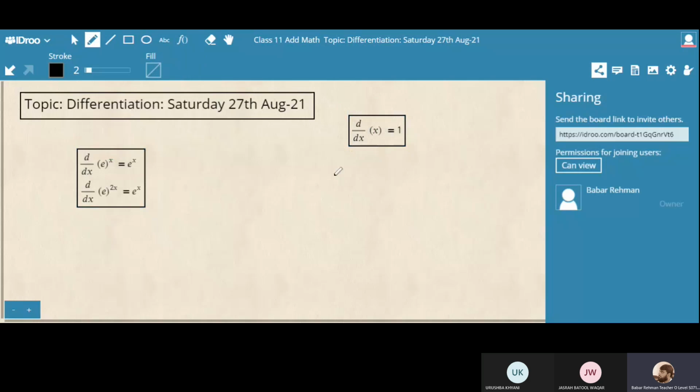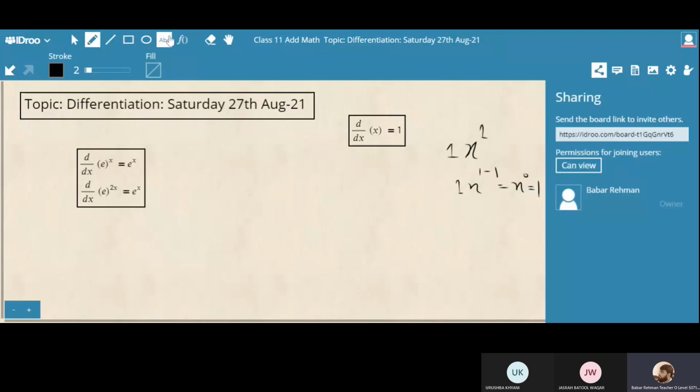You forgot. Over here x is power 1, and 1 times x power 1 minus 1 gives x power 0, and x power 0 means 1. So the derivative of x is 1.